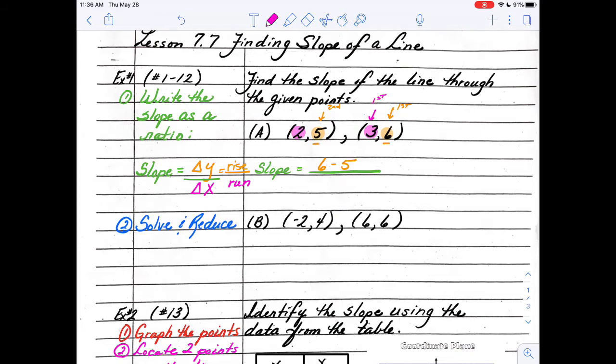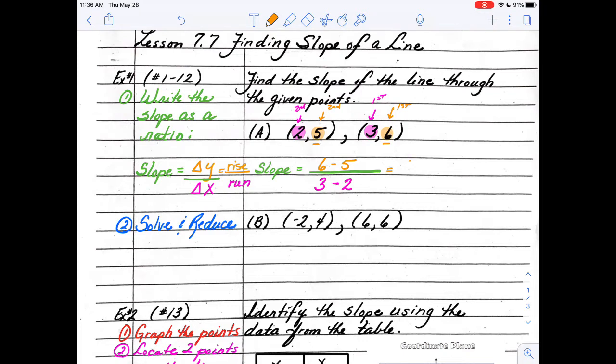You're going to use that one as your first value, 3 minus, and then you're going to use this as the second value. And I'm going to put that as a 2. Again, it doesn't matter the one you start with as long as the order is the same for your rise and for your run. So let's take a look at our answer.